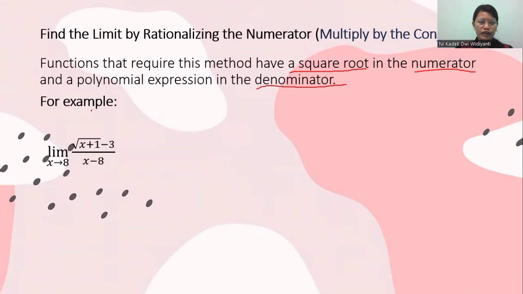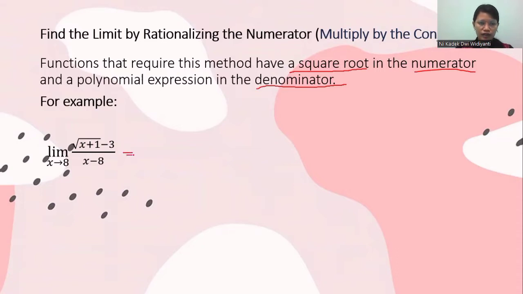Going directly to the example: the limit of square root of x plus 1 minus 3, divided by x minus 8, as x approaches 8. So we will multiply by the conjugate.